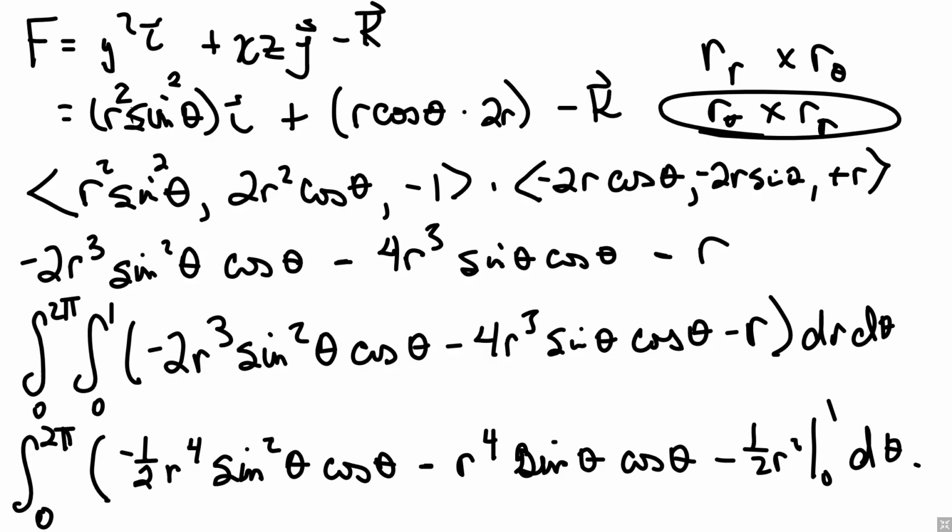All right, so if I take a look at this, I'm going to evaluate it at 1. I don't have to worry about 0, because if I put in 0, I'm going to get 0.